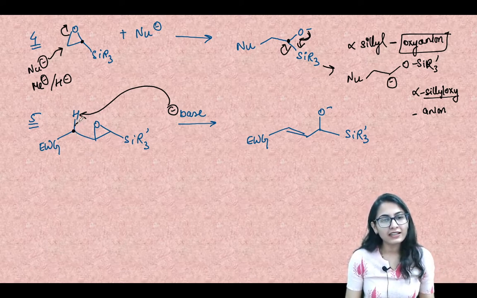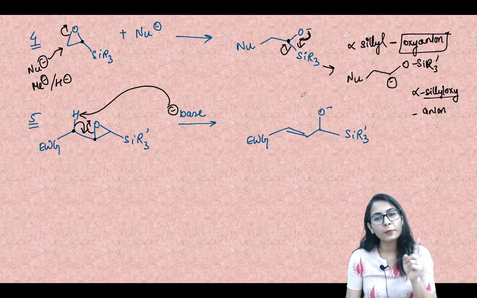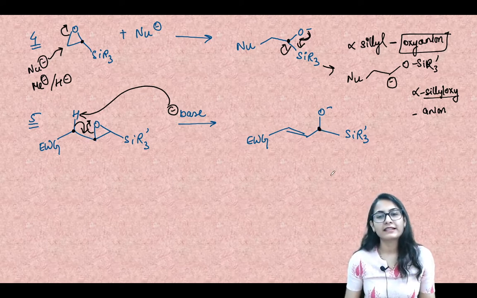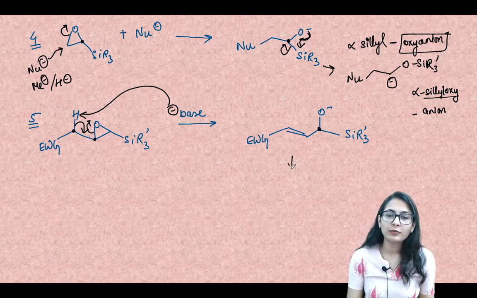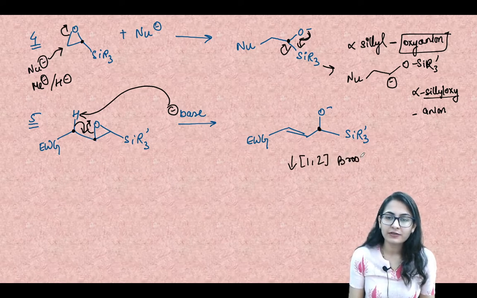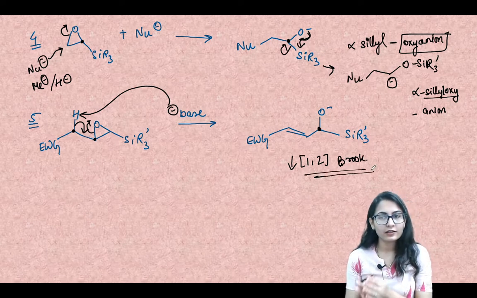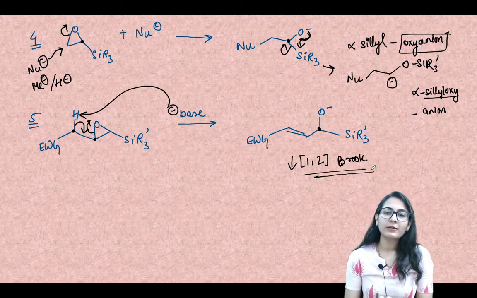Yes, and it is going to make the electron density fall on this bond so that the epoxide opens up from the less hindered side once again, and it is opening up towards the silyl group once again. So it is going to give the 1,2 Brook rearrangement once again. So all of these examples that I've shown you over here are all alpha silyl oxyanions. Okay, and all of them are going to give the same 1,2 Brook rearrangement.